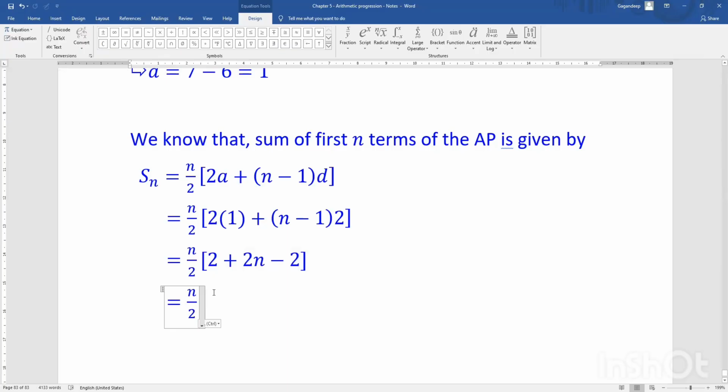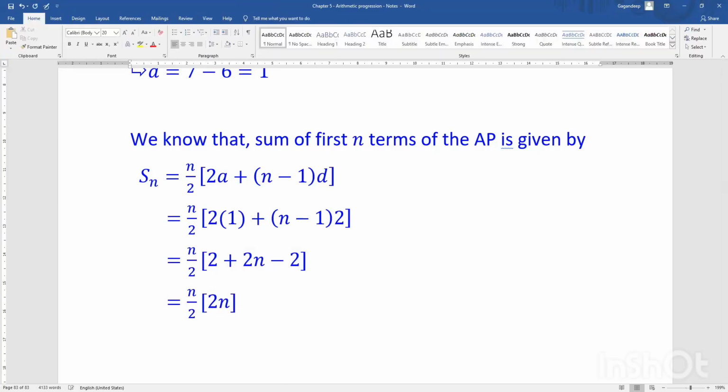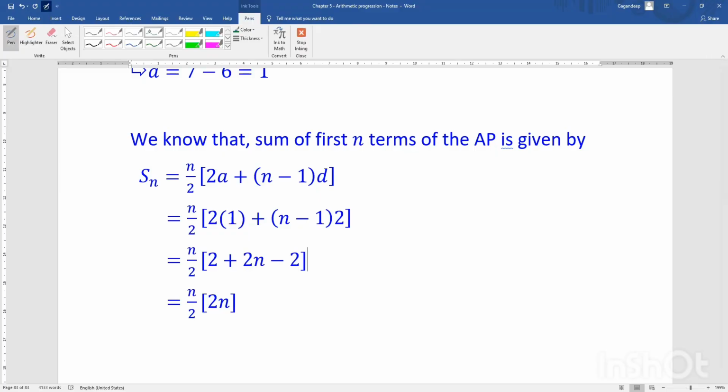You'll be left with only 2n inside the bracket. Now again these 2 and 2 get cancelled. Let me show you what all the cancellations we did. So first the cancellation we did was here, 2 and 2 got cancelled, and here also we can do cancellation, 2 and 2.